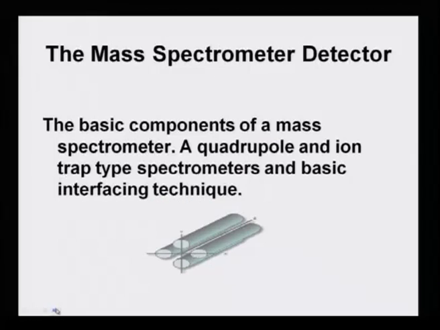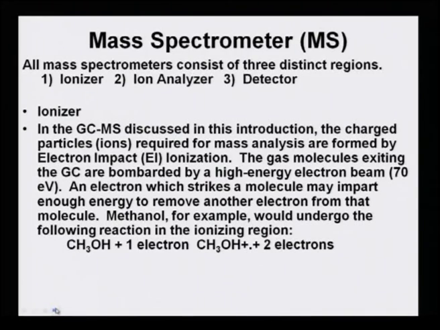That means it has the capability to trap these ions and to identify them. All mass spectrometers consist of three different regions, as what I had shown, the B, C, D region in the pictorial description.